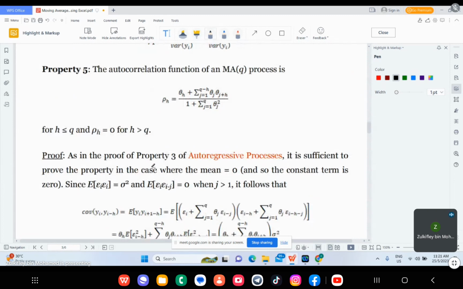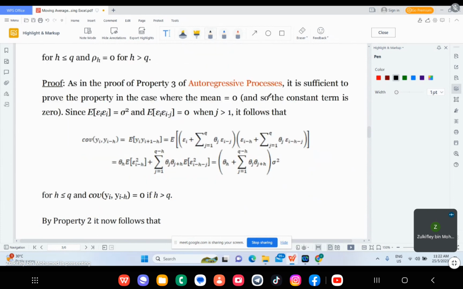Then the last one, the autocorrelation for MAq. Rho H is equal to the sum over j equals 1 to q minus H of theta j times theta j plus H, over 1 plus the sum over j equals 1 to q of theta j square.